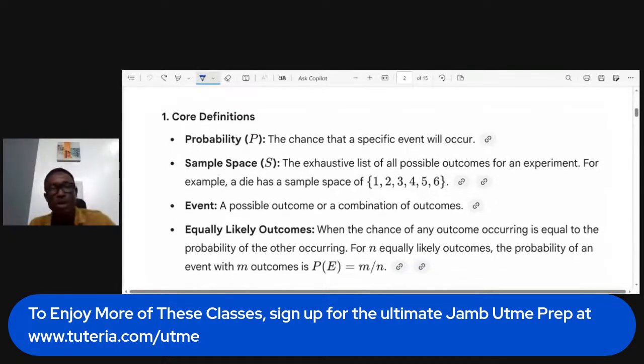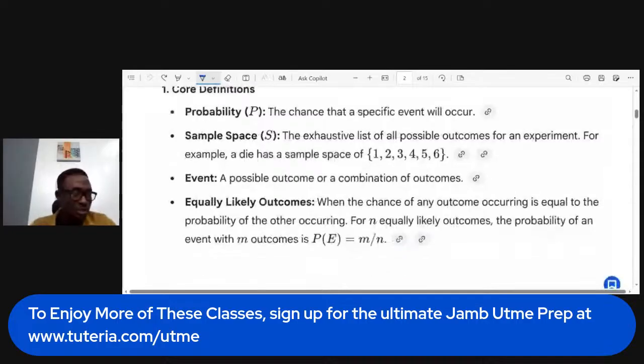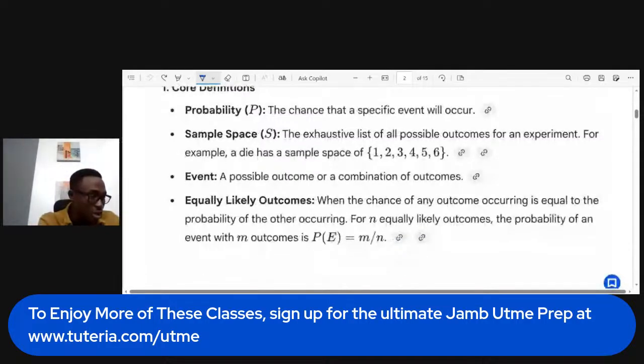All right. So in probability, we have some terms I'll be just defining for us. I will be explaining them also. The first one I'll be explaining is the sample space. All right. So, for instance, if you have a die, I'm pretty sure some of us here play Ludo, right?